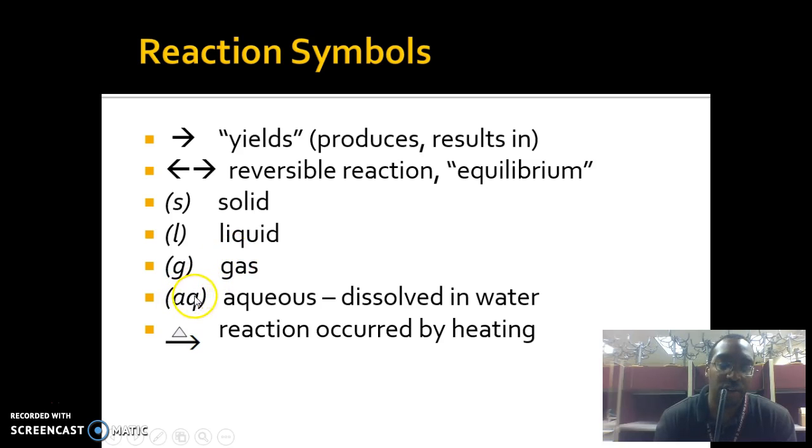And then you have your AQ for aqueous, which is dissolved in water. And then you also have your yield sign with a triangle on it. That means occurred by heating, or heating could have been a catalyst to that reaction to help speed it up.